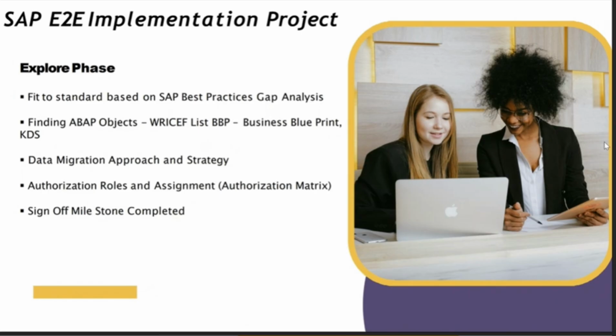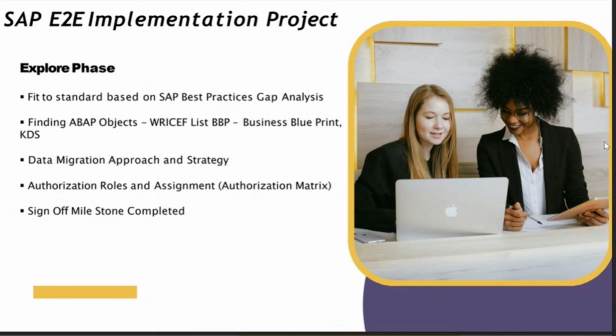I'm not a FICO consultant, sir, but I have seen your implementation video. Okay, so almost all the master data we covered. What are all the transaction data in FICO?